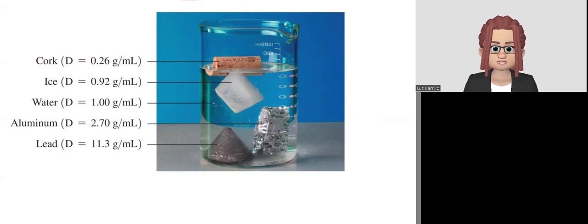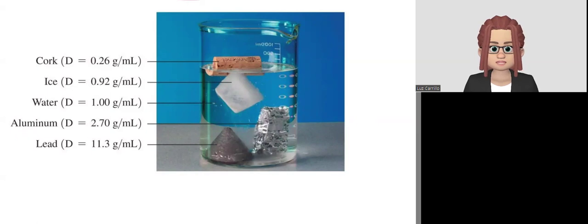If we see what is the behavior of ice, which is a different form of water, it's just water in solid form, and we see a piece of cork, we can see that they have a different behavior compared to the piece of aluminum and the piece of lead. While the piece of cork and ice is floating in the beaker, we can see that the aluminum and the lead actually sank into the beaker.